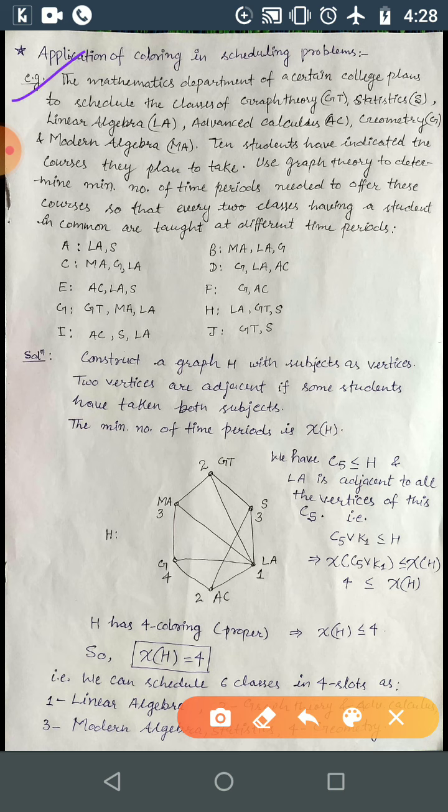So here is the first application. I'll be discussing two applications here. The mathematics department of a certain college plans to schedule the classes of graph theory.